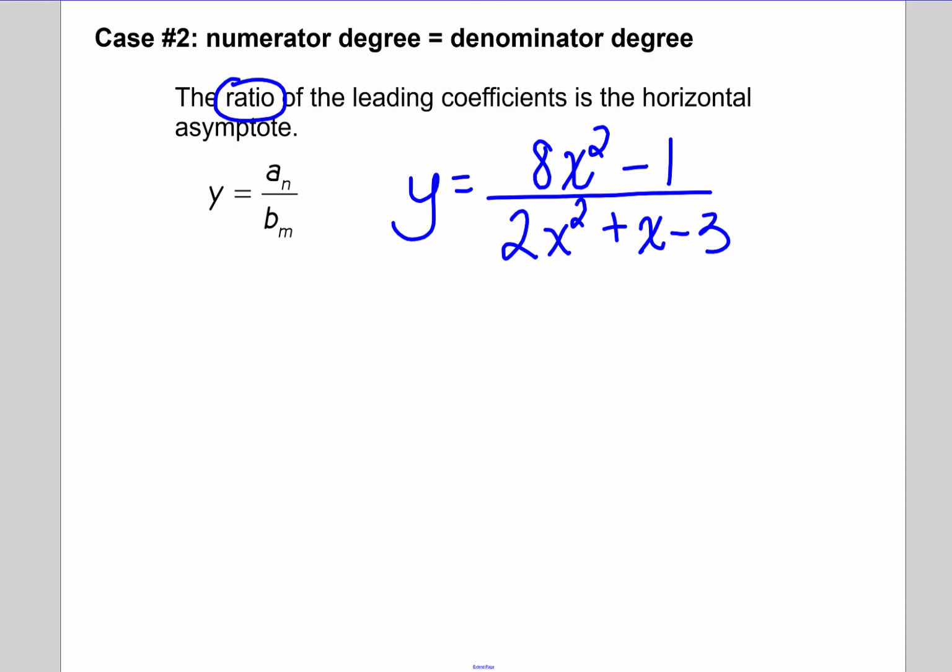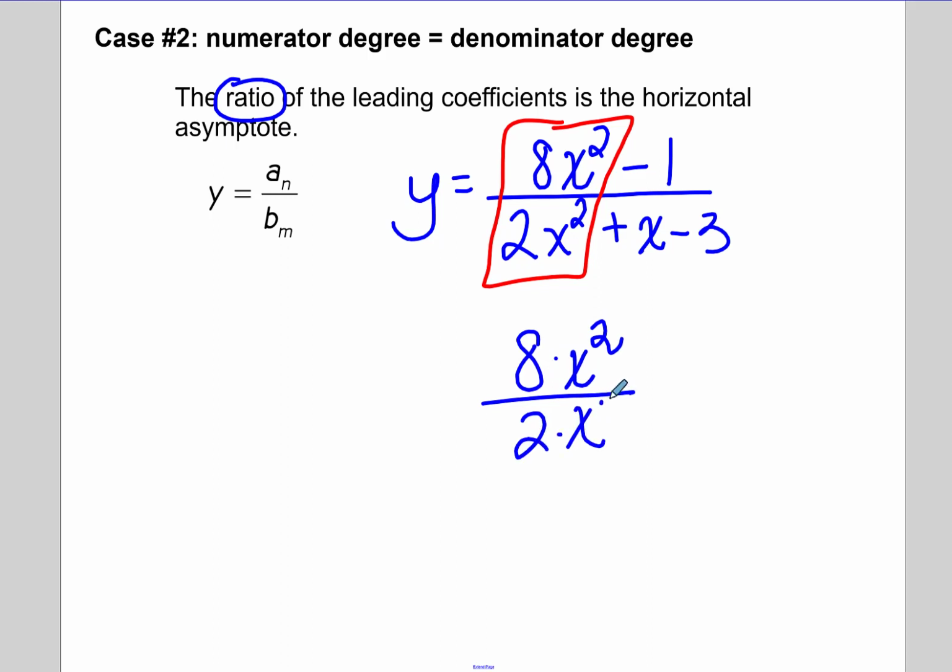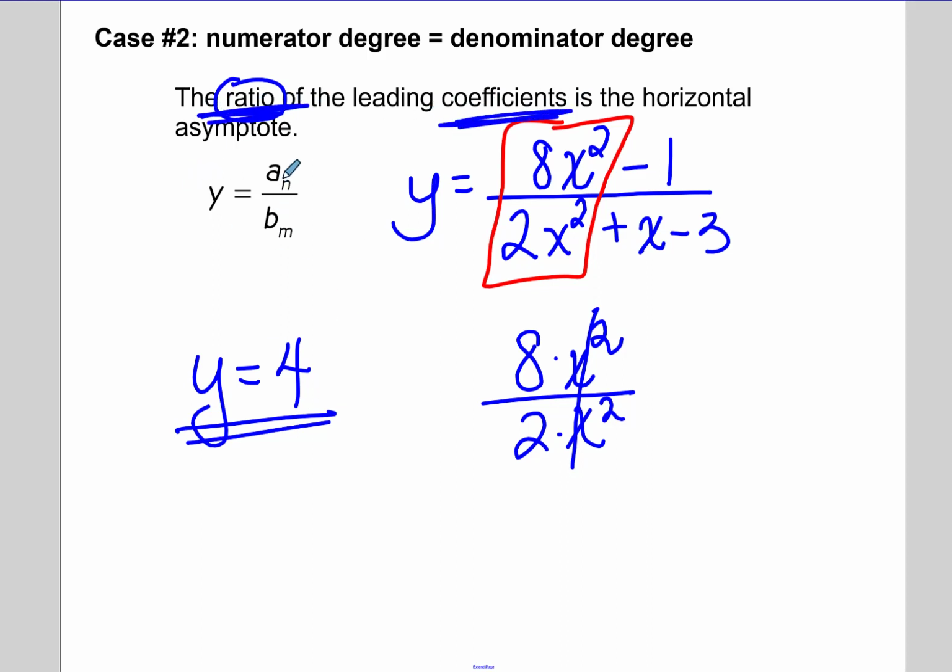So when we're talking about very large values of x, you see how these are the only things that matter? We saw that in an earlier lesson. And if you had 8 times a huge number times a huge number, and 2 times a huge number times a huge number, that's a form of 1. And we end up with 8 over 2 as our ratio of the leading coefficients. And 8 divided by 2 gives me 4 for the horizontal asymptote.